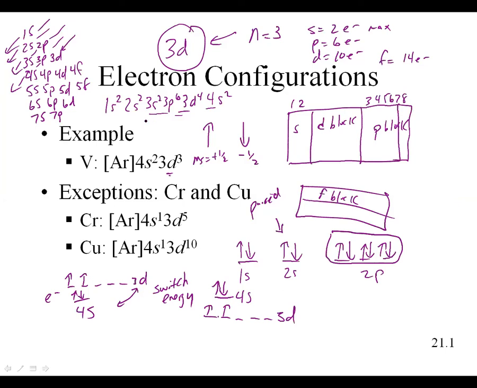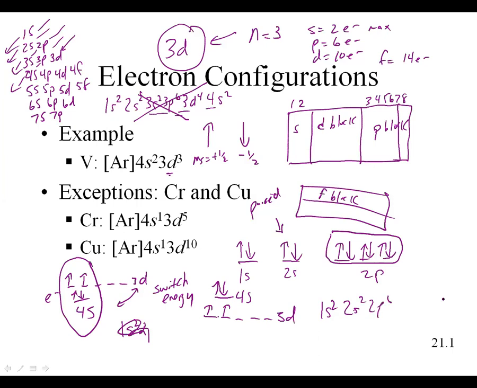But in this class, previous classes, and probably most classes you take, you typically don't write the electron configuration in terms of energy. You write it in what is sometimes referred to as the filling order, how the electrons actually go into the atom, which is this order here. So we usually write 1s2, 2s2, 2p6, 3s2, 3p6.